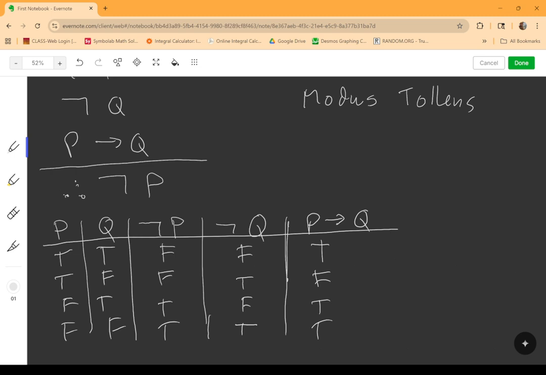Okay, so now let's look at our premises here. Not Q happens in this row and in this row. Okay. And then the next premise, P implies Q, well, that only happens here in this bottom row.